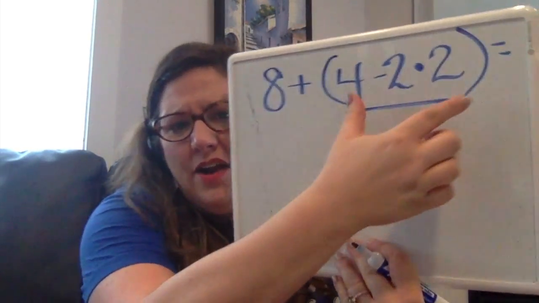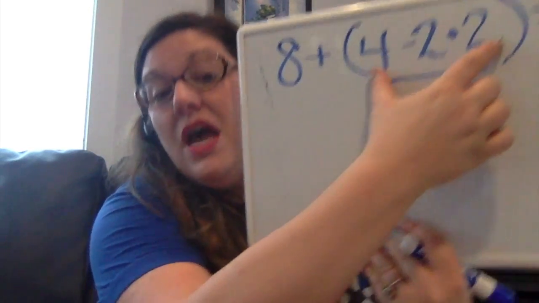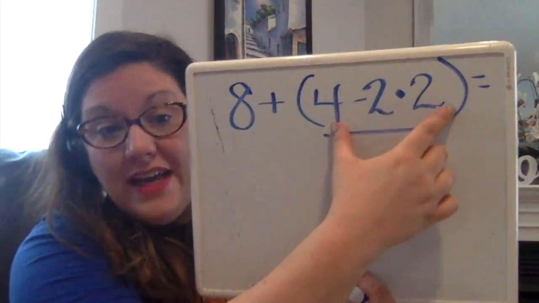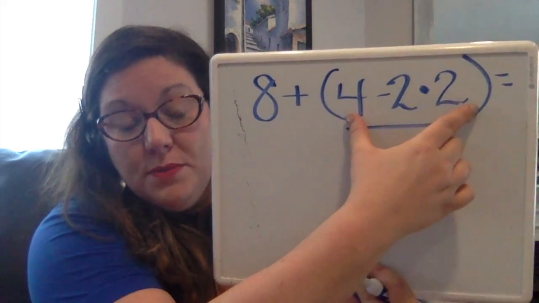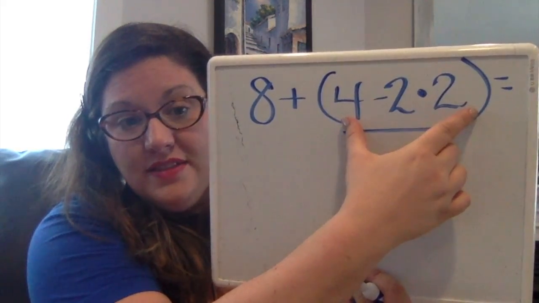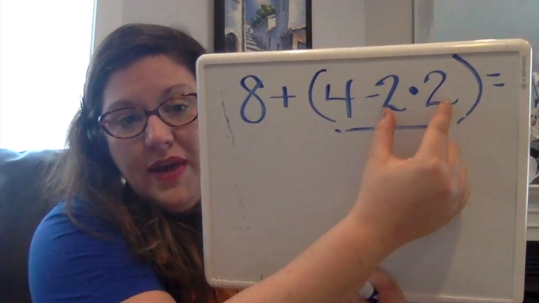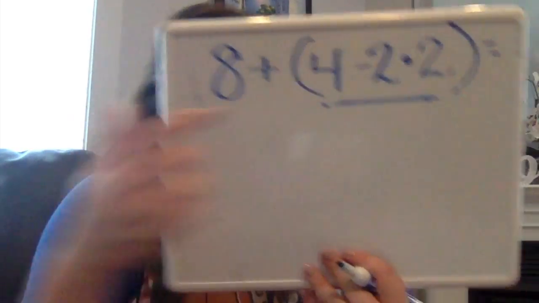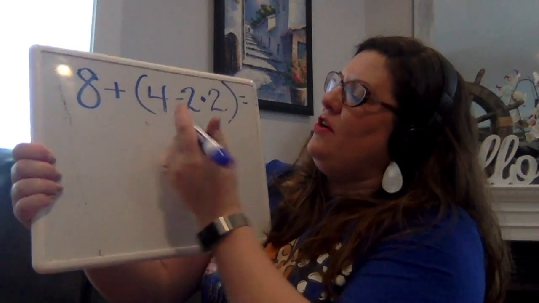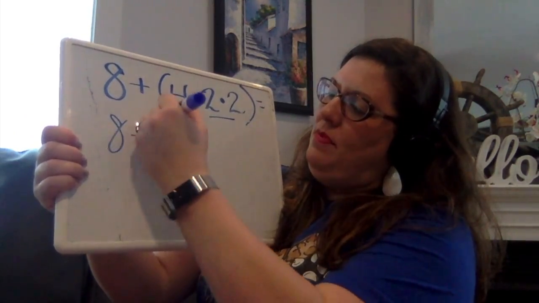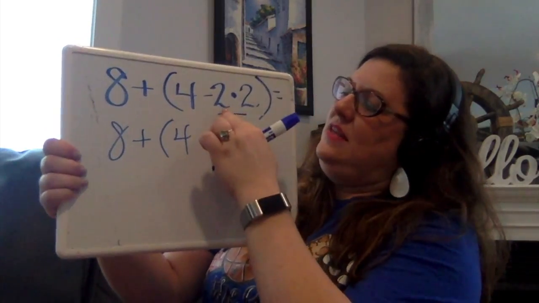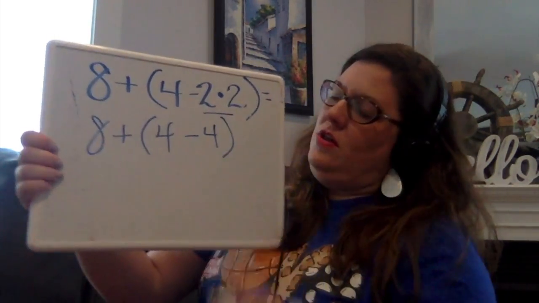So looking inside, are there parentheses inside the parentheses? No. Are there exponents inside the parentheses? No. Is there multiplication or division inside the parentheses? Yes. So we actually have to multiply 2 times 2 to begin. So our first step is really going to be multiplying 2 times 2. So 8 plus 4 minus 2 times 2 is 4, close parentheses.